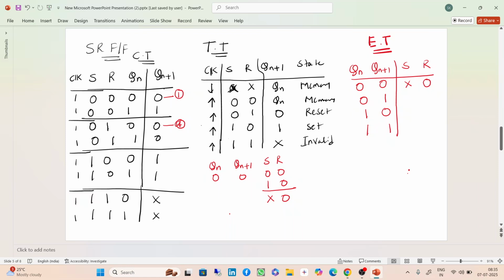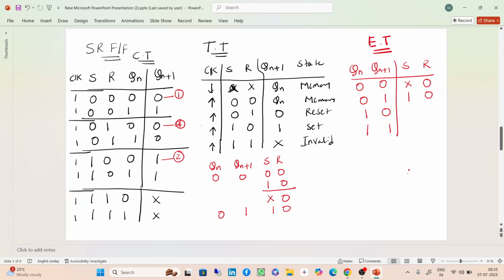The second possibility: when Qn and Qn plus 1 are 0 1, what are the S and R values? S and R are 1 0.